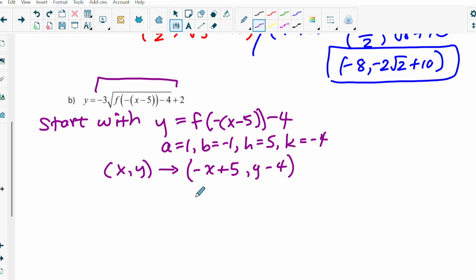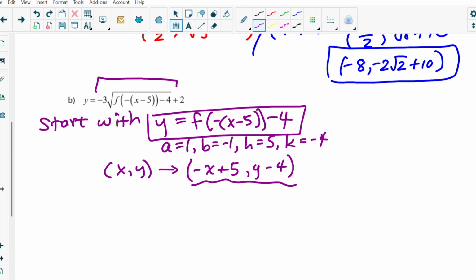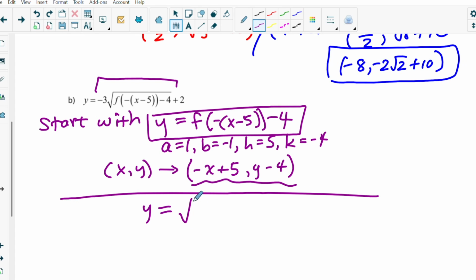Remember, I'm trying to come up with a mapping where I can find the image point for negative 16, 8. So now, if I start with this, let me throw a square root sign over all of it.